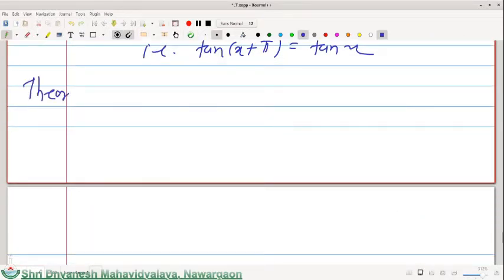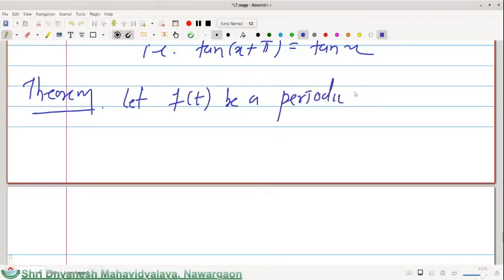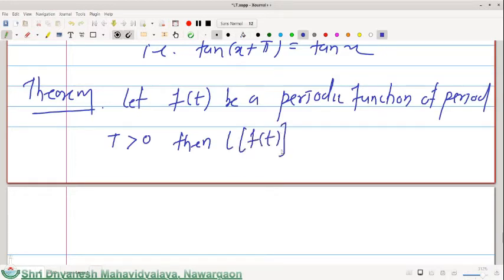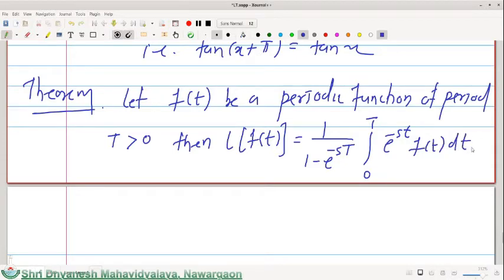Theorem: let f of t be a periodic function of period T greater than 0, then its Laplace transform is equal to 1 upon 1 minus e to the power minus sT, integration 0 to T e to the power minus st f of t dt.